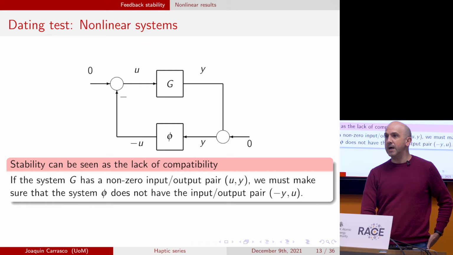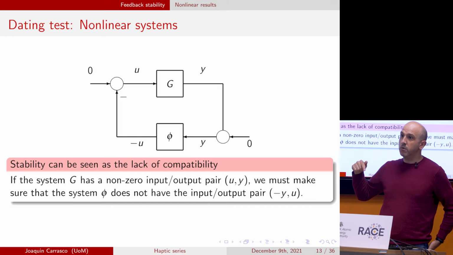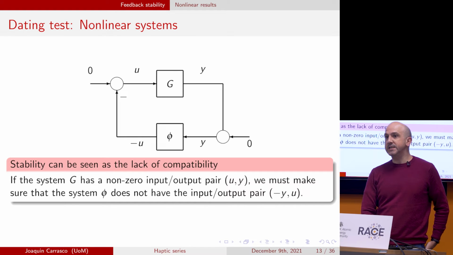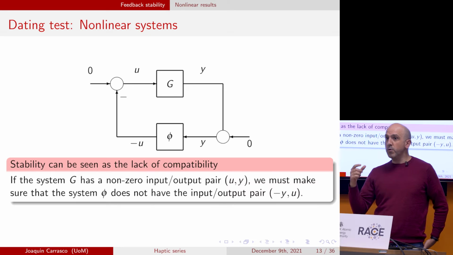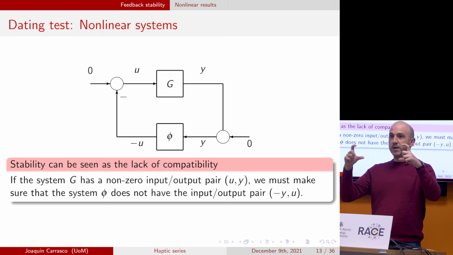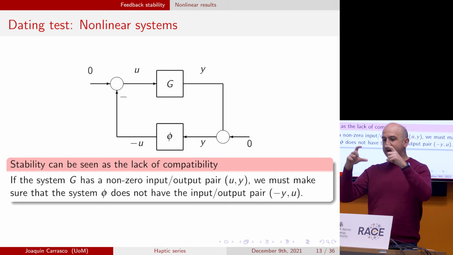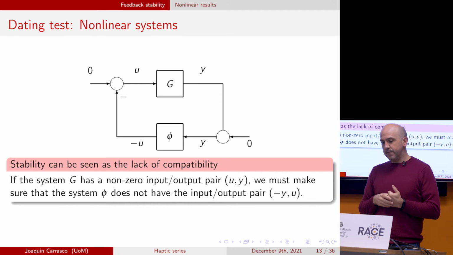Then what needs to happen here is that the input of the first system becomes minus the output of the second one, and the output of the first system becomes the input of the second system. So we are trying to think if there is a possible combination of signals that can fit the system in the right way.